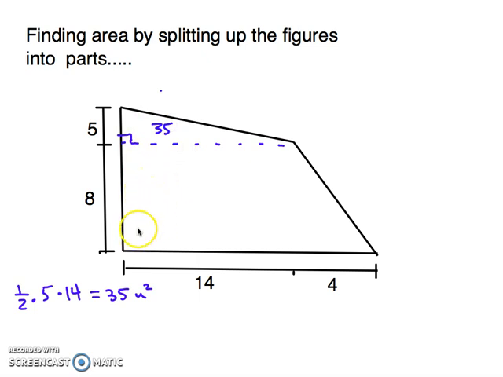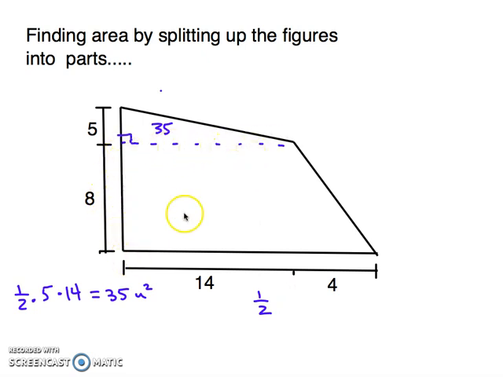Then if you notice the second part, this is a trapezoid. This is parallel to this. So for the area, it is 1/2. So we can write down here 1/2 the height, and the height is perpendicular to the base.